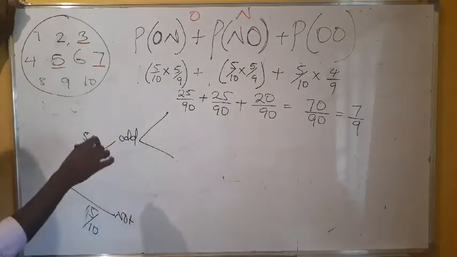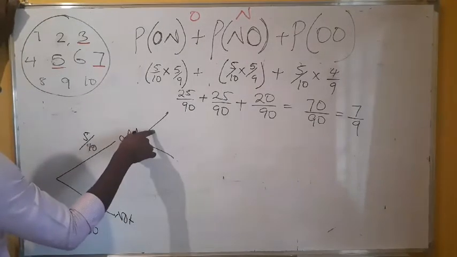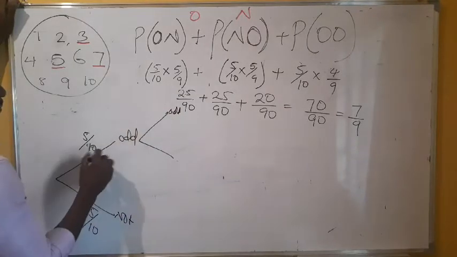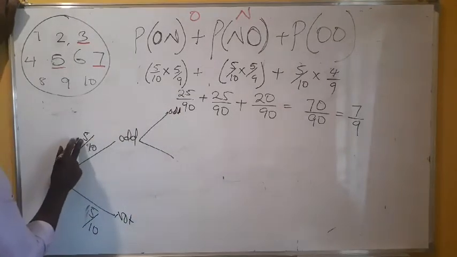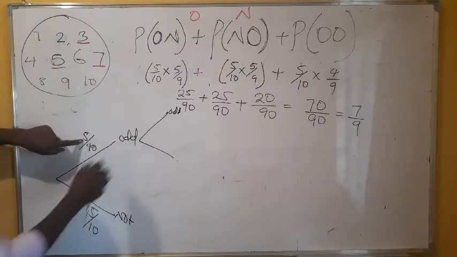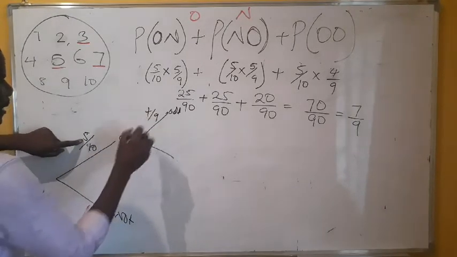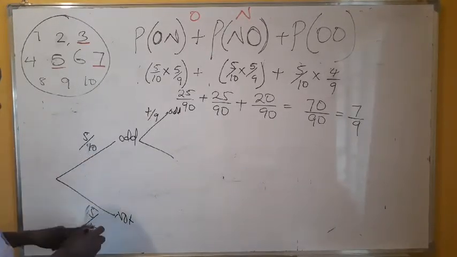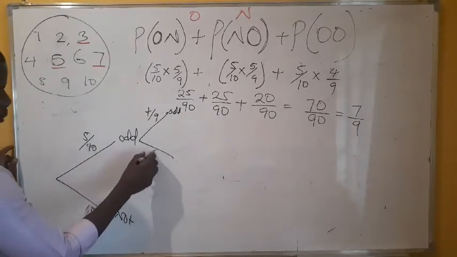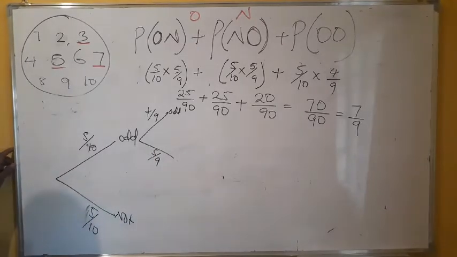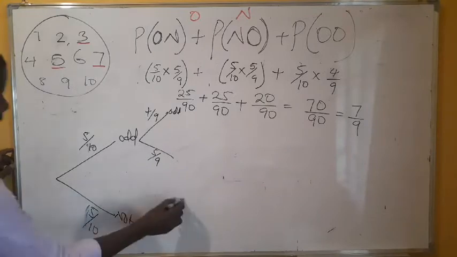Then if the second one is going to be an odd number also, it reduces from 5 to 4. So we have 4/9. The total number also reduces, like I was explaining. Then for those that are not odd numbers, they are still at 5/9.